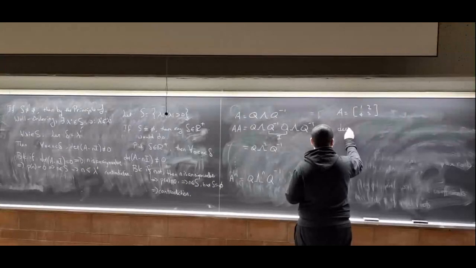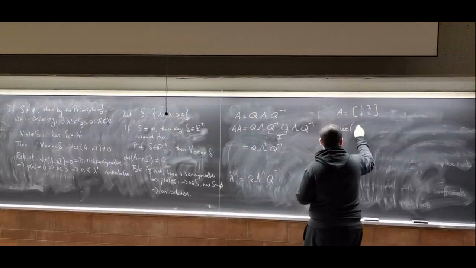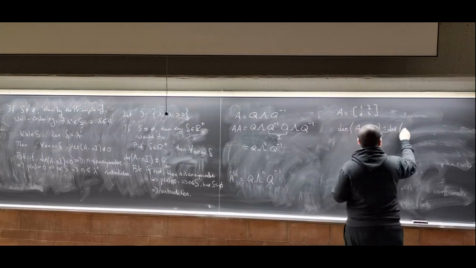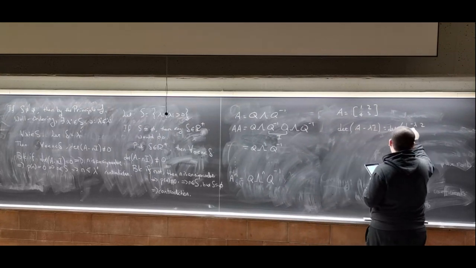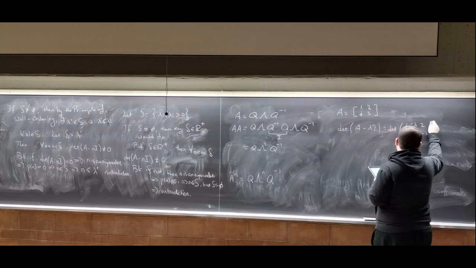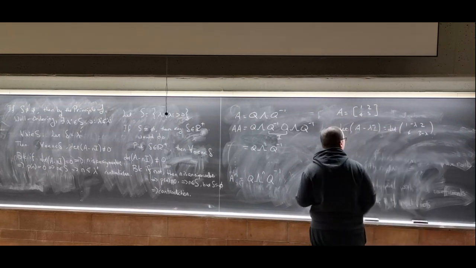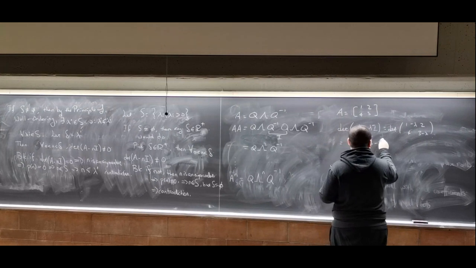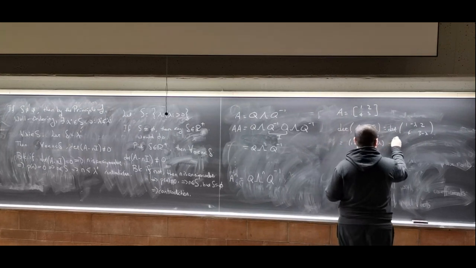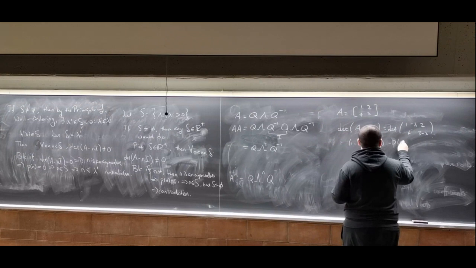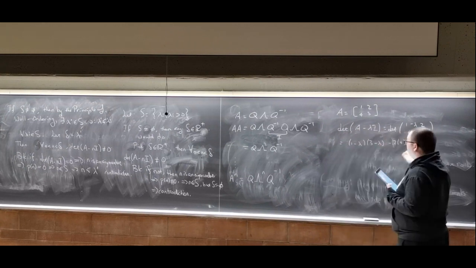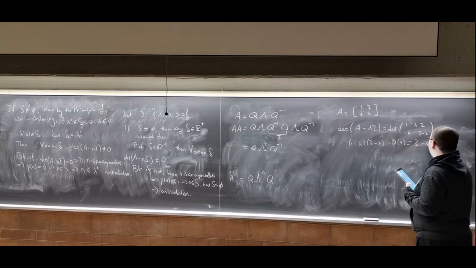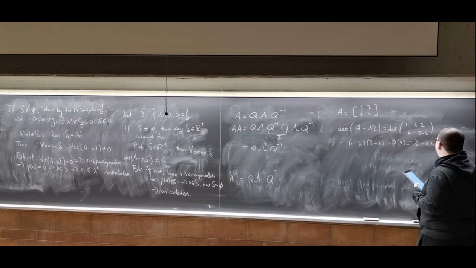So the determinant of A minus lambda I equals the determinant of 1 minus lambda, 2, 4, 3 minus lambda, which equals 1 minus lambda times 3 minus lambda, minus 8, 2 times 4. So this equals 3 minus 4 lambda plus lambda squared minus 8.